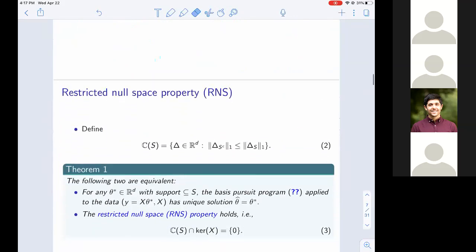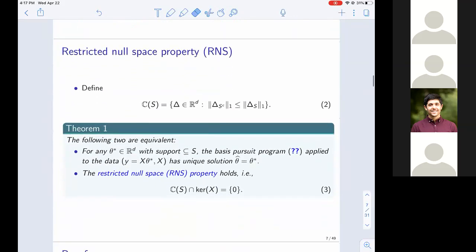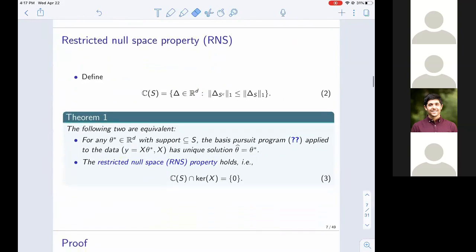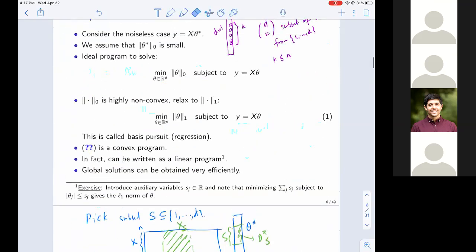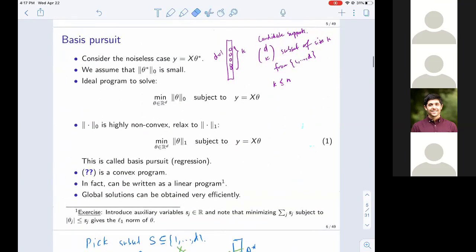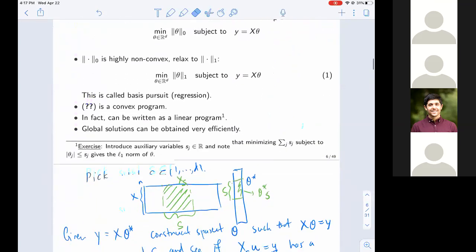In order to give a more or less complete answer to that question, let's look at this. What I want to investigate is under what conditions on X, and probably Y or theta star, we recover the solution of the L0 problem by solving the L1 minimization problem.